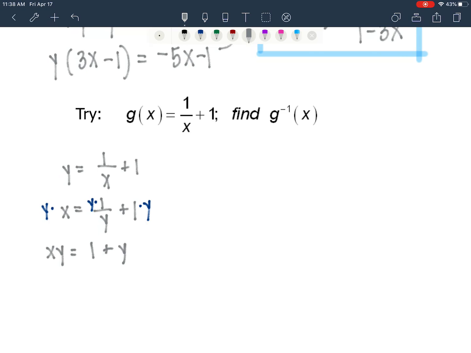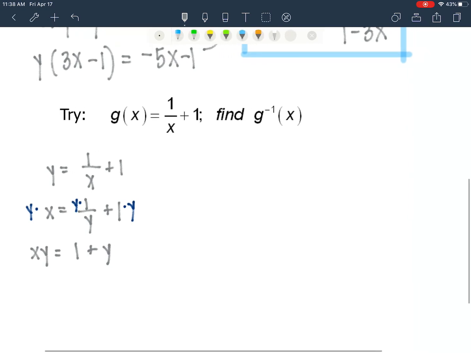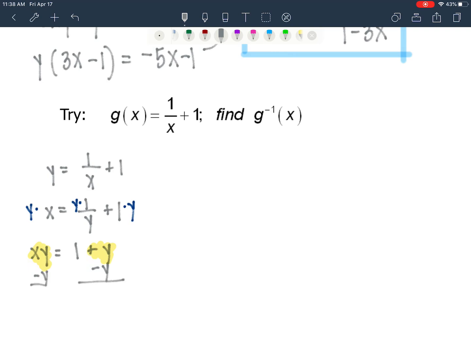Now we still want to collect all the y terms on one side of the equation, and we want everything else to be on the opposite side. So I'm going to subtract y from both sides. That's going to give me xy minus y equals 1.